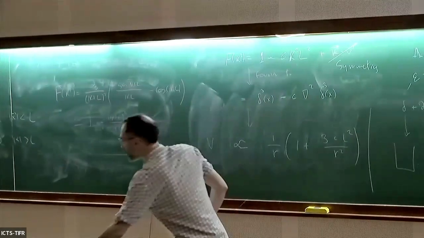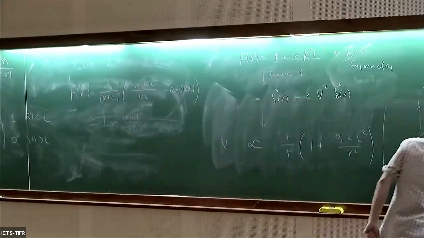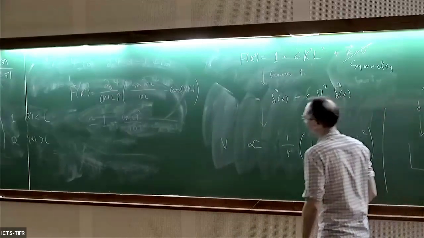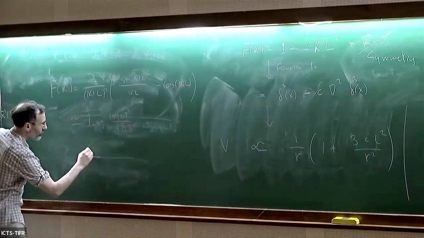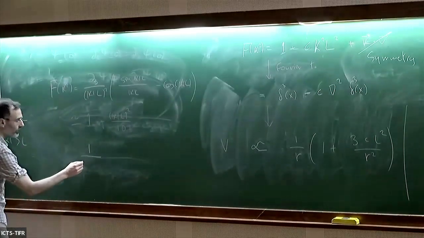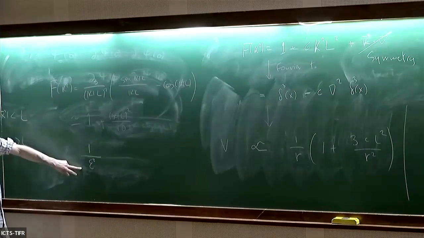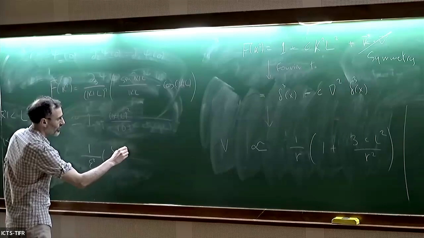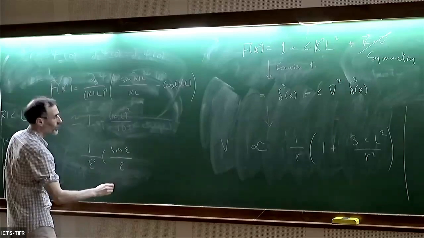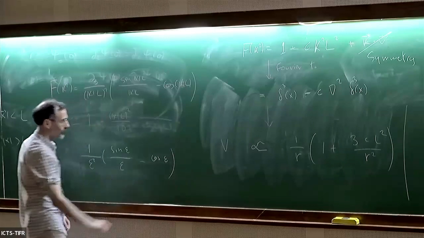So I can rewrite it for you to see it a little easier, as I realize now that my writing is terrible. It's not obvious at all that this has a non-singular limit, because if I write kL as epsilon, I'll have sine of epsilon over epsilon minus cosine of epsilon.